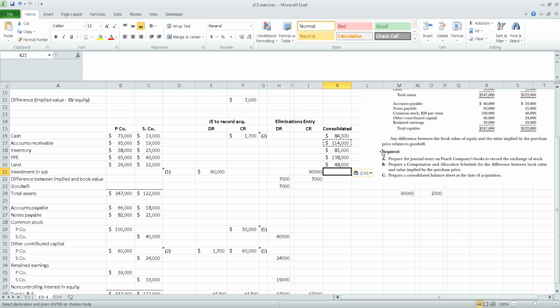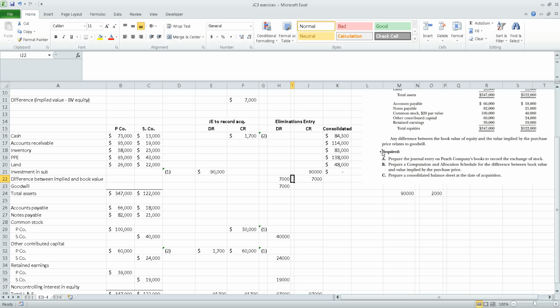Here we can't copy it down because we've got an entry here, so we need to take the investment in sub account of 0, increase it by the journal entry that we made to recognize the investment in sub, and then reduce it by the elimination entry that we made to offset the investment in sub account against the subsidiary company's equity accounts. And of course we've got a 0 investment balance on the consolidated balance sheet.